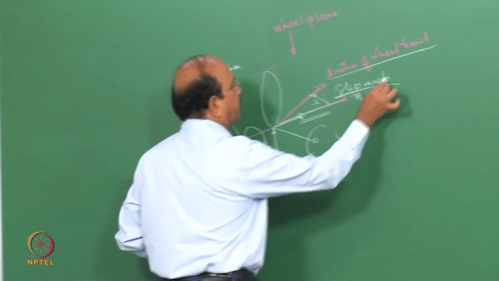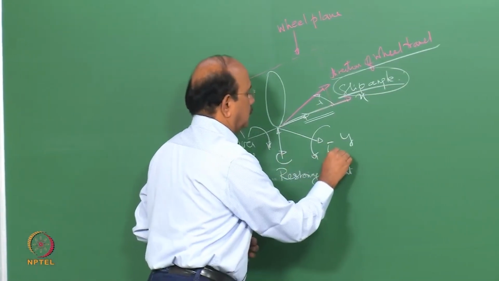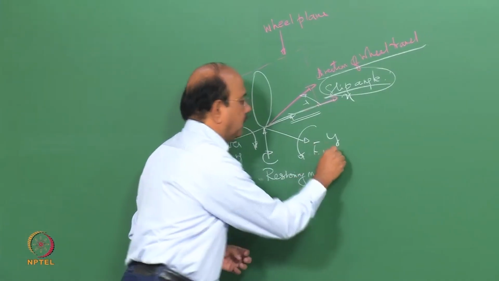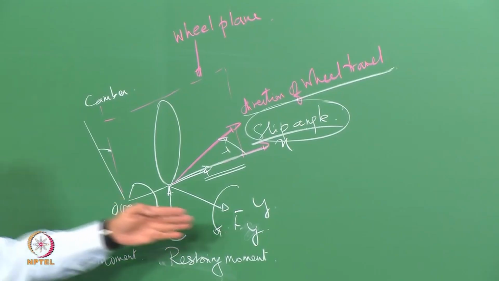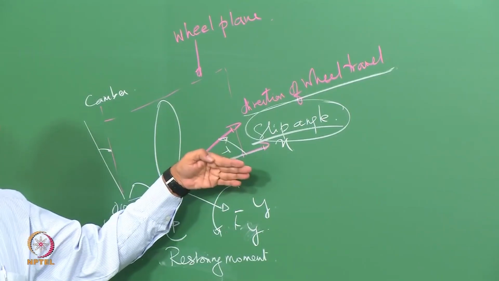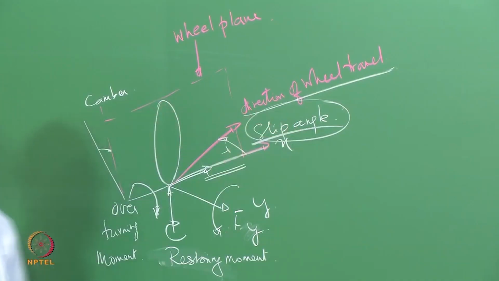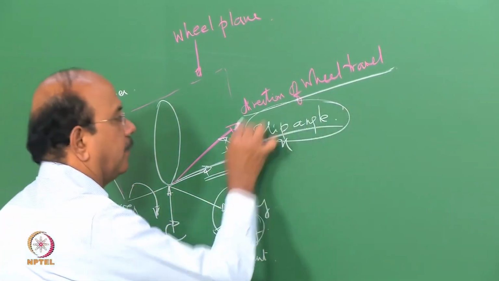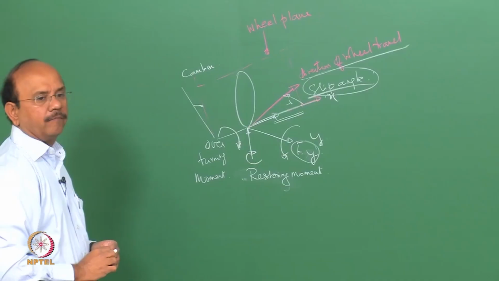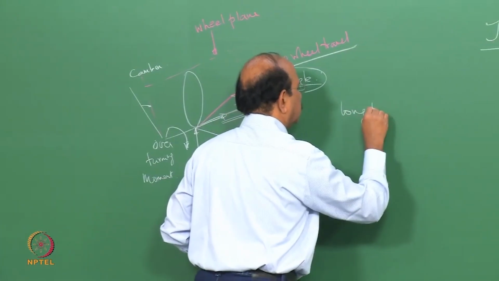Now the slip angle is necessary to generate what is called a lateral force. If the lateral force is 0, slip angle becomes 0, and the vehicle or the tire travels along the x direction. So in other words, lateral force is developed because of the slip angle. Okay, so let's call this the longitudinal force.